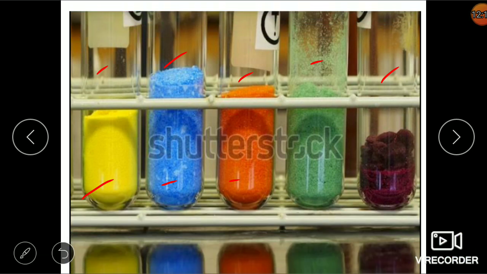That green one is nickel chloride. This purple one is potassium permanganate. So in these compounds you are getting two parts, one cationic part, one anionic part. So all of these are salts. And one more thing we noticed here, that different salts are available in different colors.